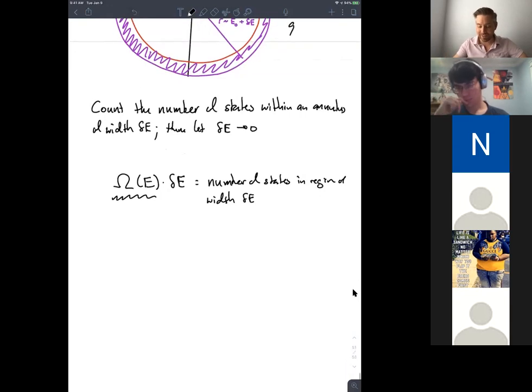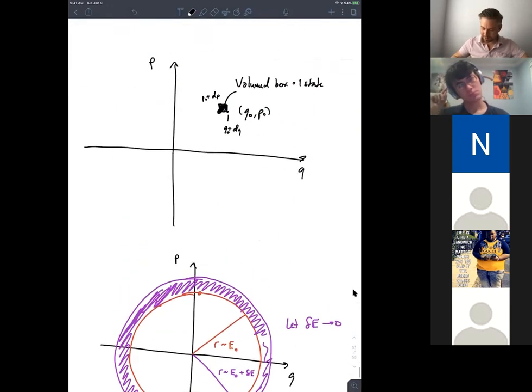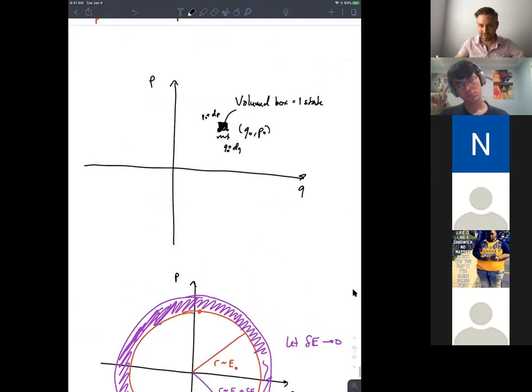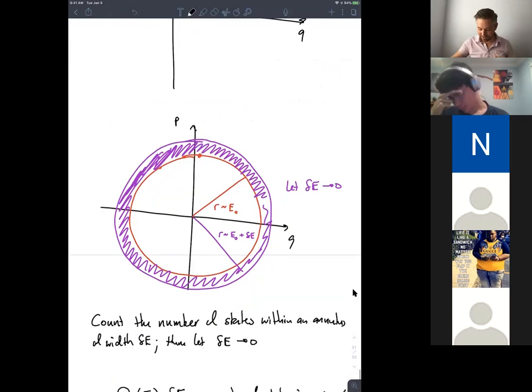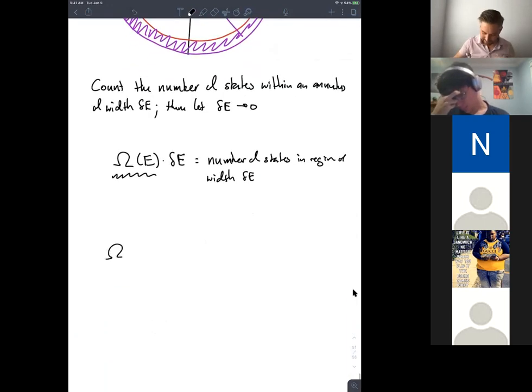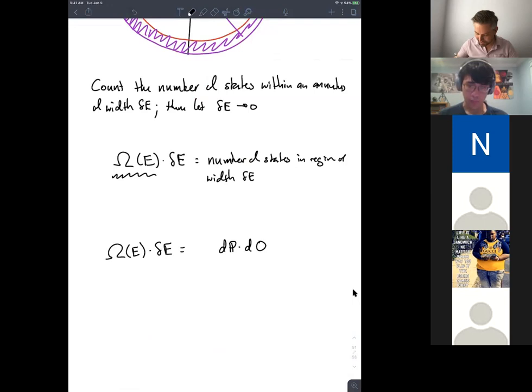Okay, so now how can I calculate this? Again, what I have is a bunch of little boxes, each of width dq and dp. Essentially what I need to do is add all those up. The total number of states is equal to the volume of each of these little boxes, which is just the height times the width, and then I add up.